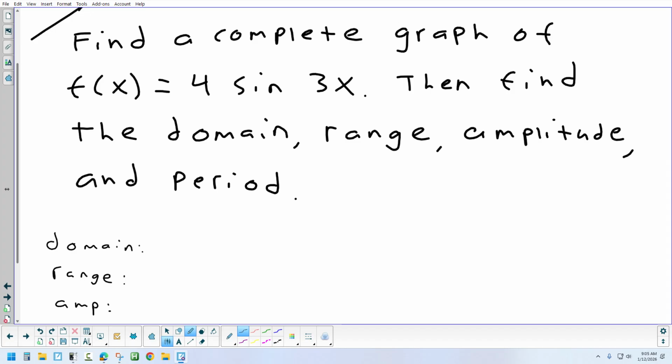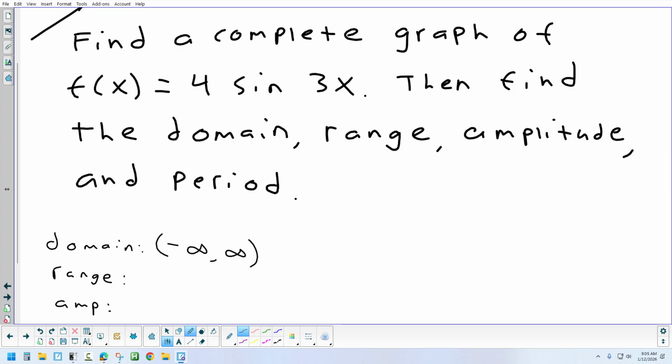All real numbers. Sine and cosine are the only two trig functions we've really studied in depth so far, but they do have domains of all real numbers. The tangent, the cotangent, the secant, and the cosecant do not. We're going to talk more about those maybe later today, tomorrow. But yeah, domain is all reals.